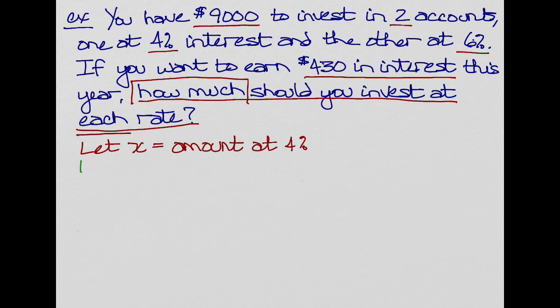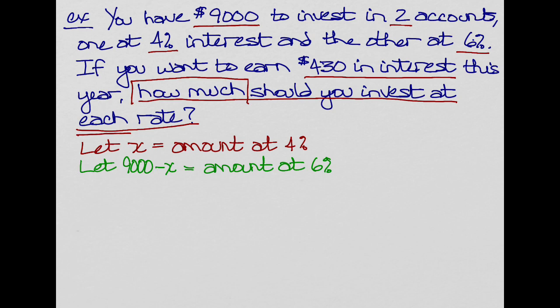So to get the amount in the other account, the amount at 6%, I'm going to take my total and subtract off the amount that I already put in the 4% account. So some of it goes at 4%, the rest of it goes at 6%.